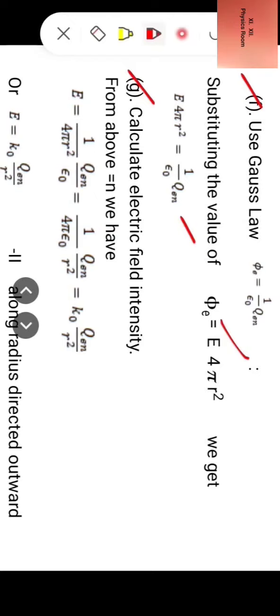Now, from the above equation, we have E is equal to 1 by 4 pi r square times Q_en by epsilon naught, or it is equal to 1 by 4 pi epsilon naught times Q_en by r square, or it is equal to K naught Q_en by r square, where K naught is equal to 1 by 4 pi epsilon naught. Mark it as equation 2.